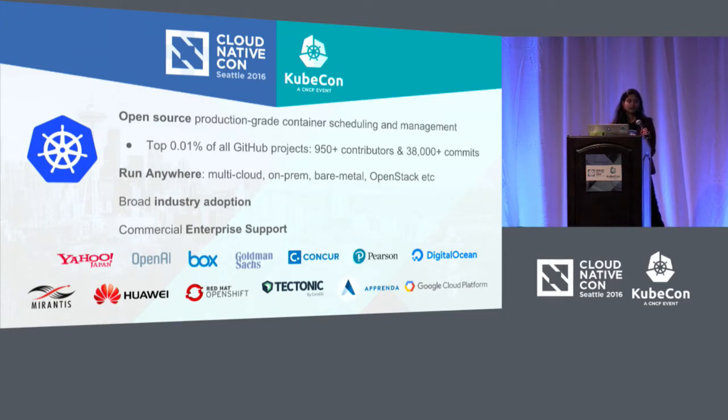But also, there's a hosted version of Kubernetes on Google's cloud, and that is what we call Google Container Engine. It serves as a reference implementation. It also provides feedback back to the community about features. And so we're going to talk about Google Container Engine today, some of the customer architectures and some of the feedback and Kubernetes features that customers use on Container Engine.